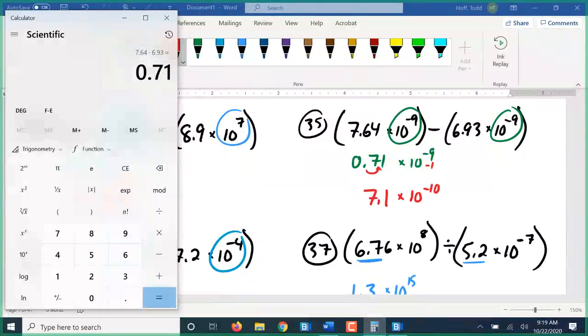I don't know, because I put it into my calculator and that's what I keep coming up with. Are you trying to put it in scientific notation? Yes. Okay. Oh, that's probably where I'm going wrong. Yep. Okay. Thank you. You bet.